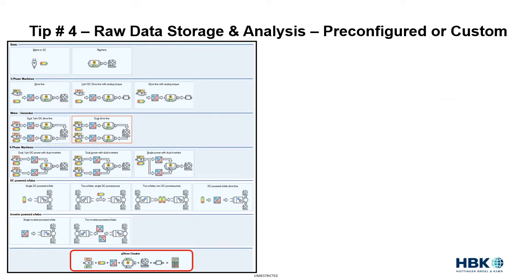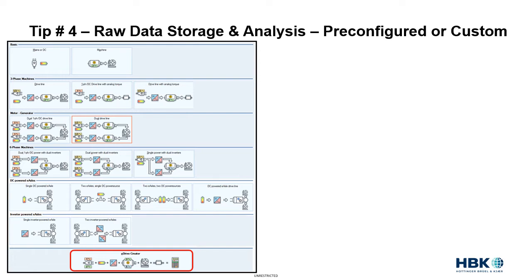A power analyzer should also offer a variety of ways to either select from pre-configured setups or even allow you to make a custom configuration and automatically create all the necessary power flow and power calculations based on your system's configuration.